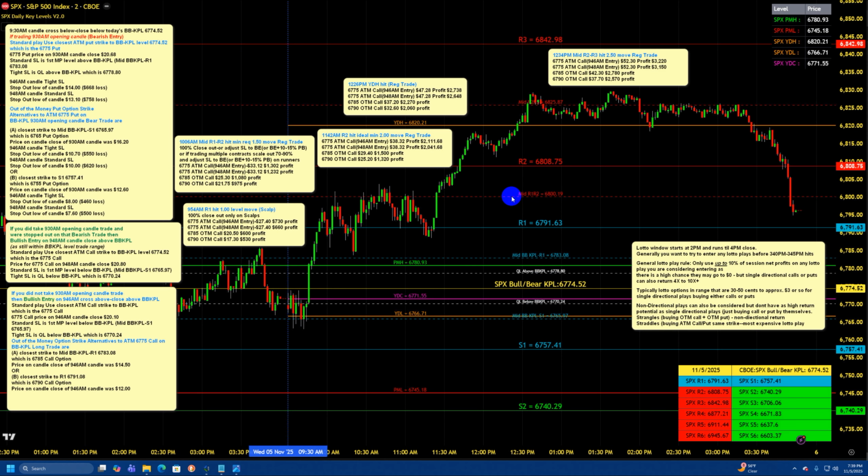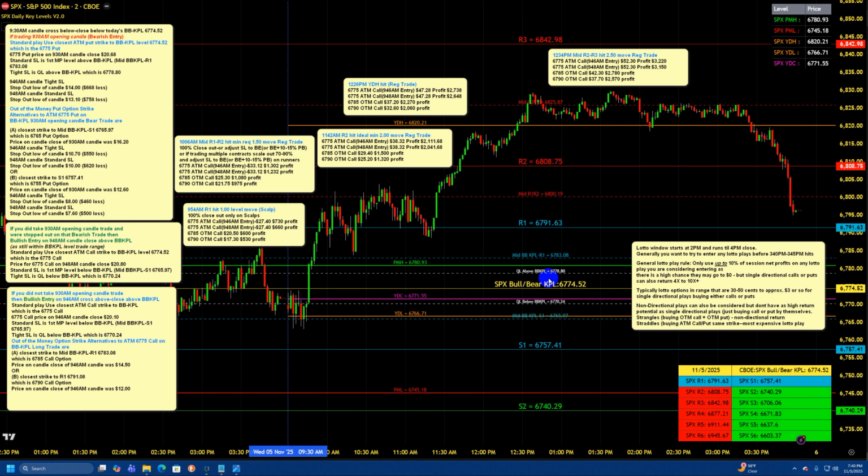The midpoint levels that are turned on by default at startup are the mid BBKPL R1, which is the first midpoint above the bull bear KPL, and the mid BBKPL S1, which is the first midpoint below the bull bear key price level.